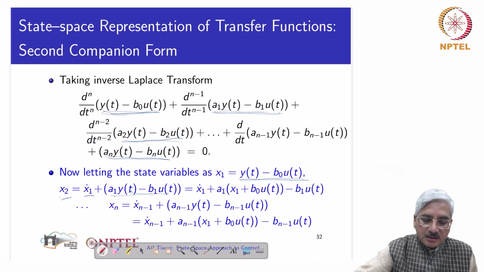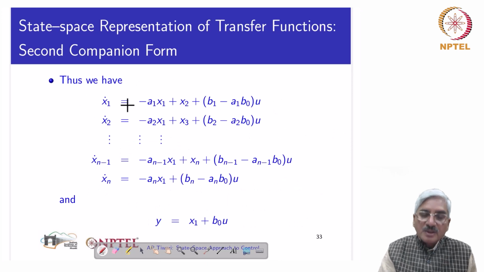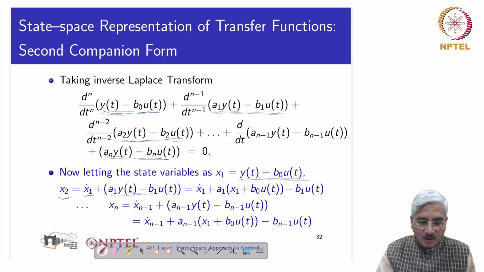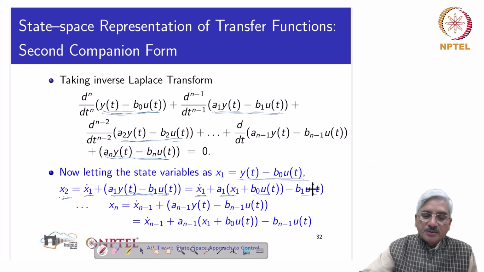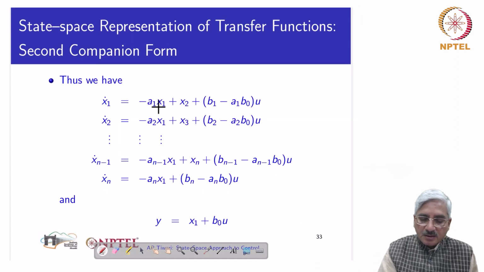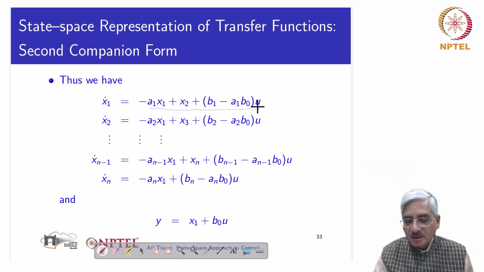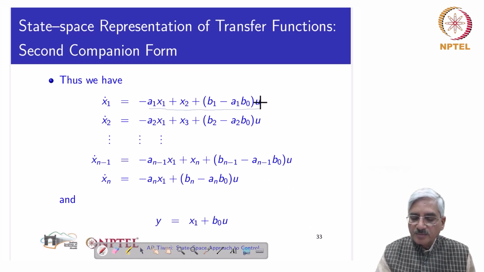So what it gives is that x1 dot, once again I go back, x1 dot is x2 minus this thing, or it is here x1 dot is x2 minus a1 x1 minus a1 b0 u(t) plus b1 u(t). So it comes here as minus a1 x1 plus x2 plus (b1 minus a1 b0) u.